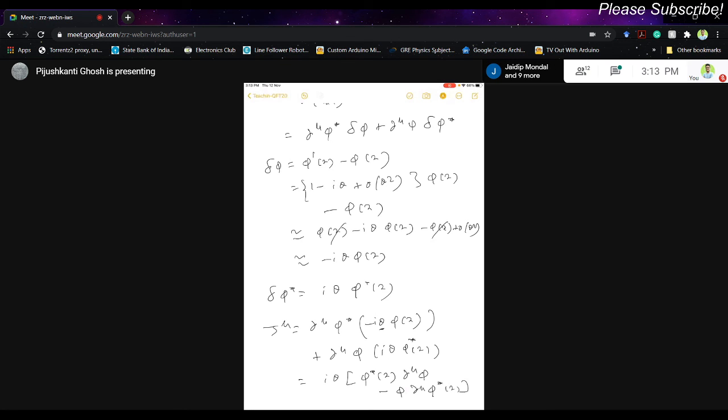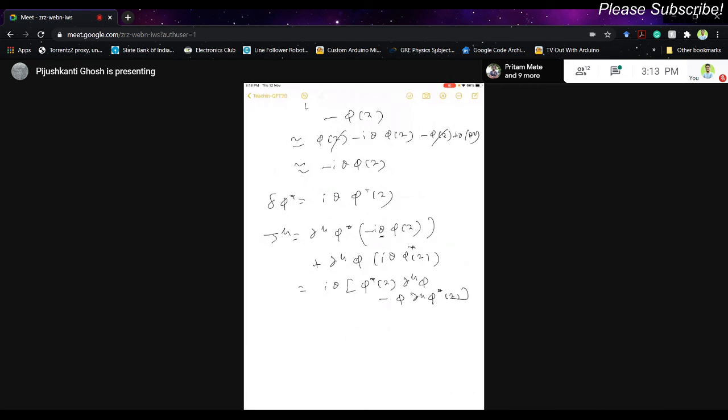Now if J mu by i theta is also a constant quantity, because then the right hand side becomes real valued.